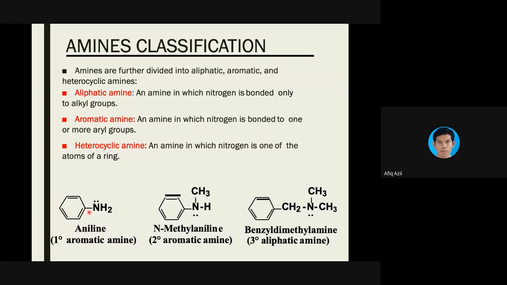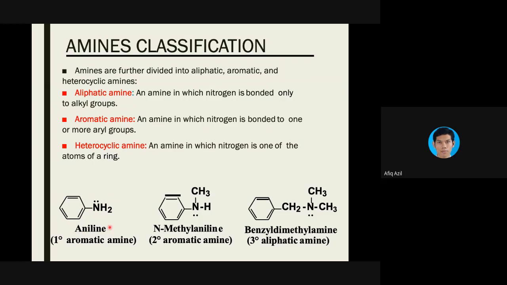So here we have an example of aromatic amine. This is benzene ring that is attached to an NH2. So this is considered as primary aromatic amine. Why primary? Because this nitrogen is bonded to just one carbon. We have H2 over here.